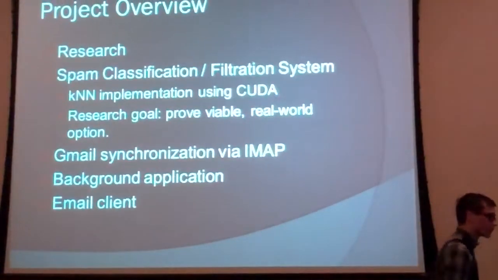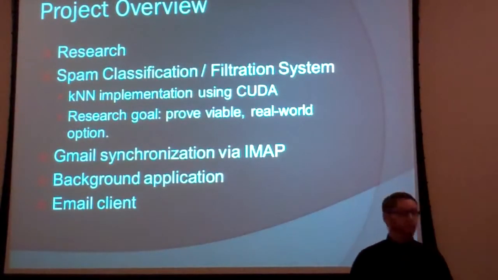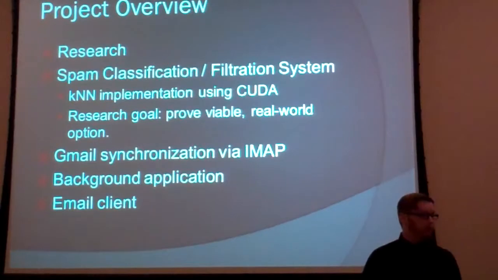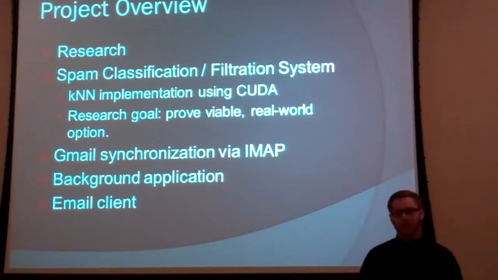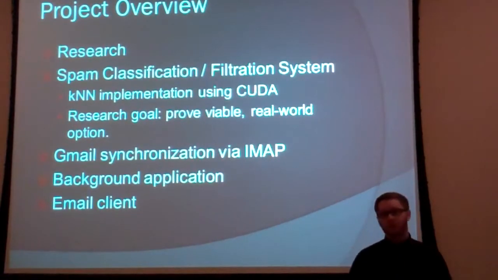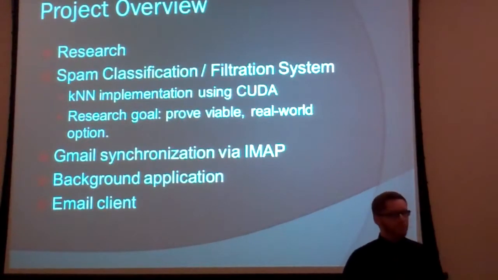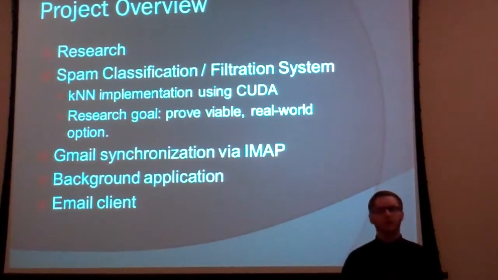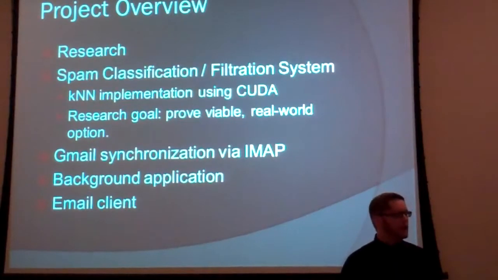All right, so before we go any further, one thing we felt was important to emphasize is that this is a research-oriented project. That is one of our primary focuses. The application we're developing is a spam classification and filtration system that uses the k-nearest neighbors algorithm applied on NVIDIA GPUs using CUDA. Our ultimate goal is to prove that such a GPU-based spam filter system is a real efficient, viable option in a real-world setting.